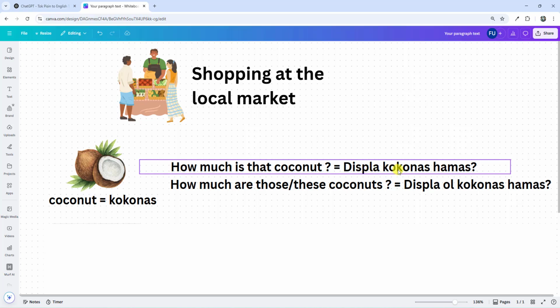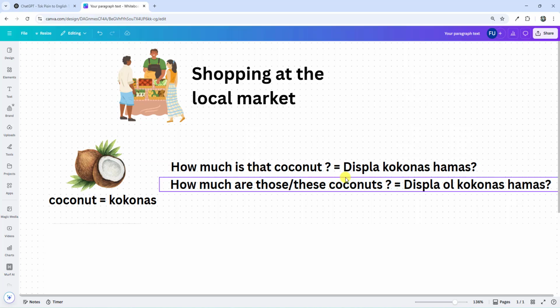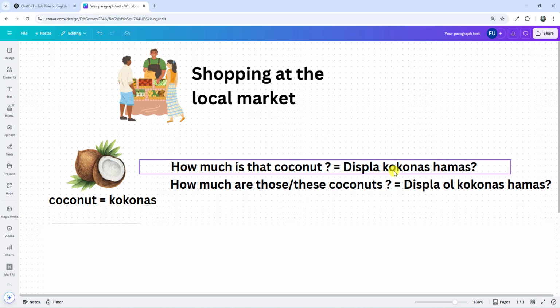Displa can refer to both this or that. Kokonas is coconut and hamas is how much. It's like a combination of how much.